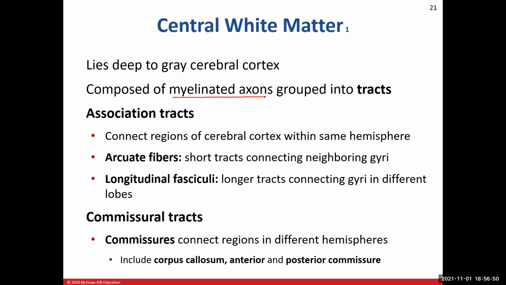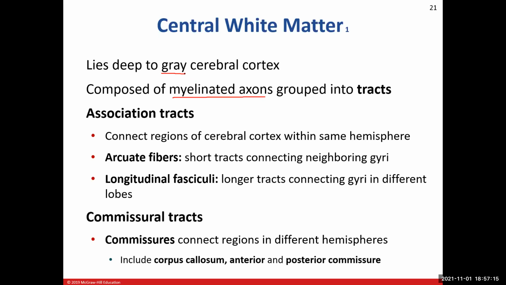We call those myelinated axons tracts in the central nervous system, and nerves in the peripheral nervous system. White matter is going to be found just beneath gray matter. Gray matter is unmyelinated axons, cell bodies, and glial cells.